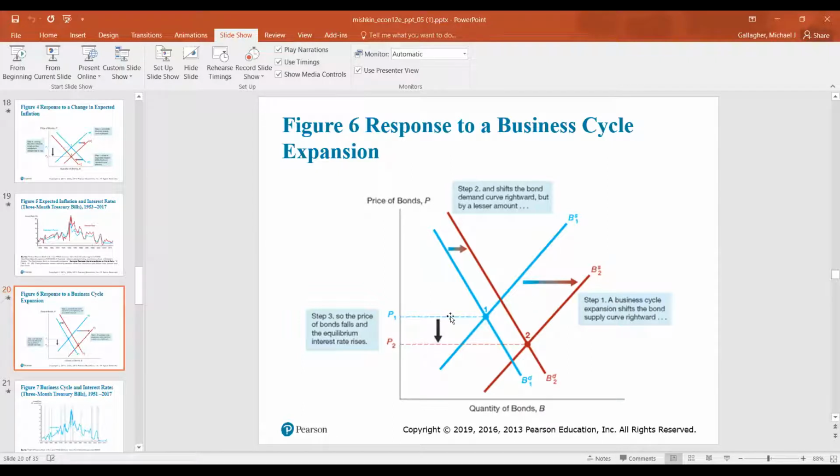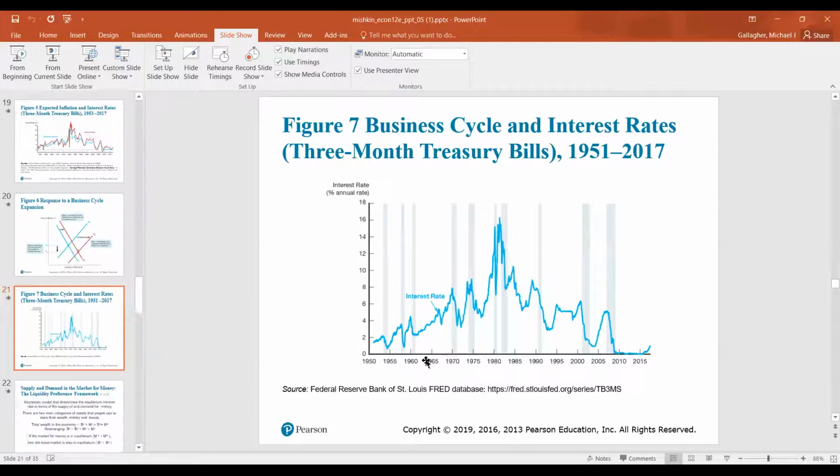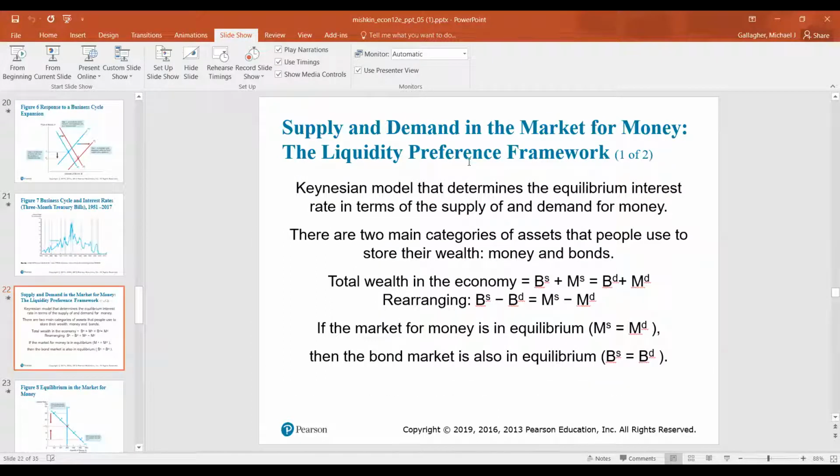This price change here could be ambiguous, but typically the supply curve shifts more than the demand curve, resulting in an increase in interest rates and a decrease in the price. The data tells us interest rate rises during periods of expansion. So these gray bars are periods of contraction.